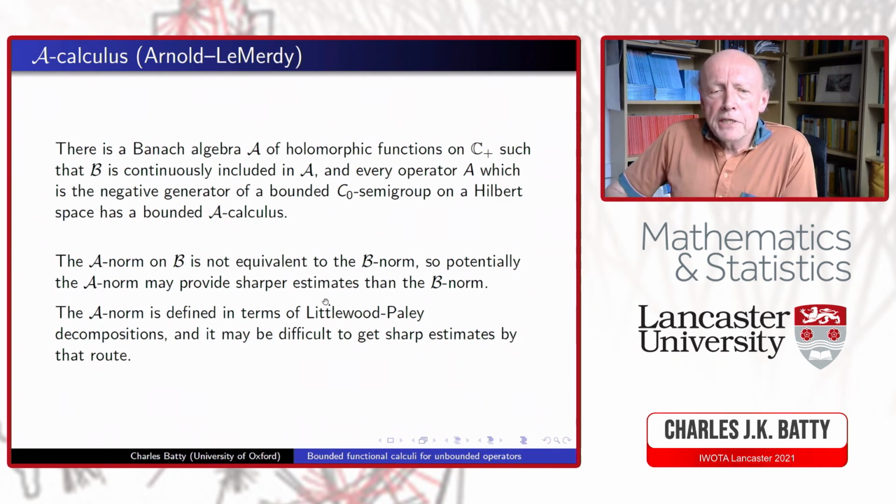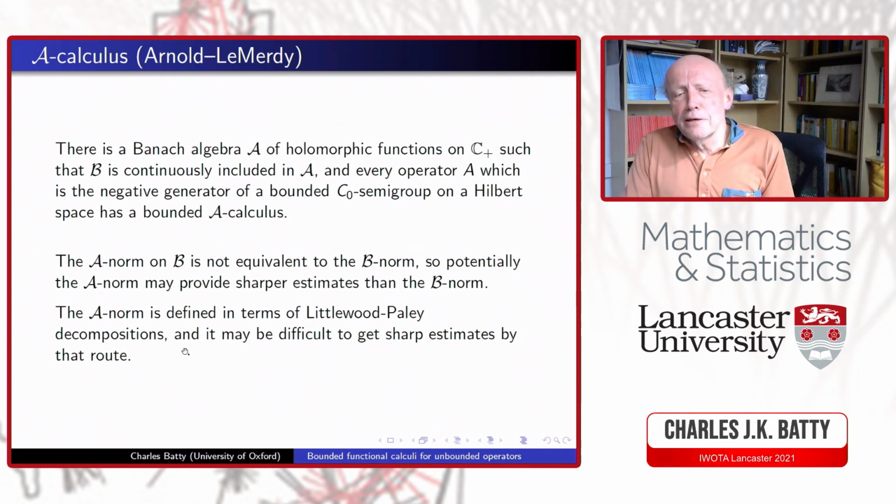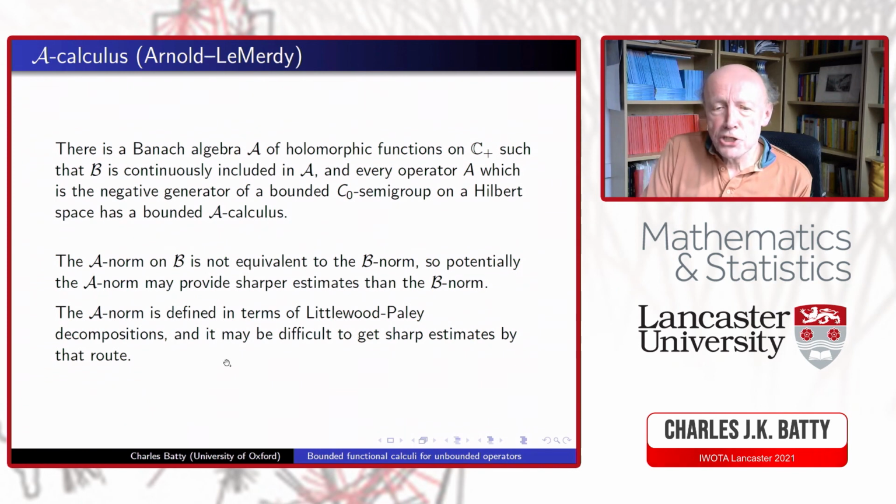The A norm is defined in terms of Littlewood-Paley decompositions, at least it is in the paper of Arnold and Le Merdy. And that's the only paper I've seen about this. And Littlewood-Paley decompositions are notoriously difficult for providing sharp estimates, at least for people like myself.